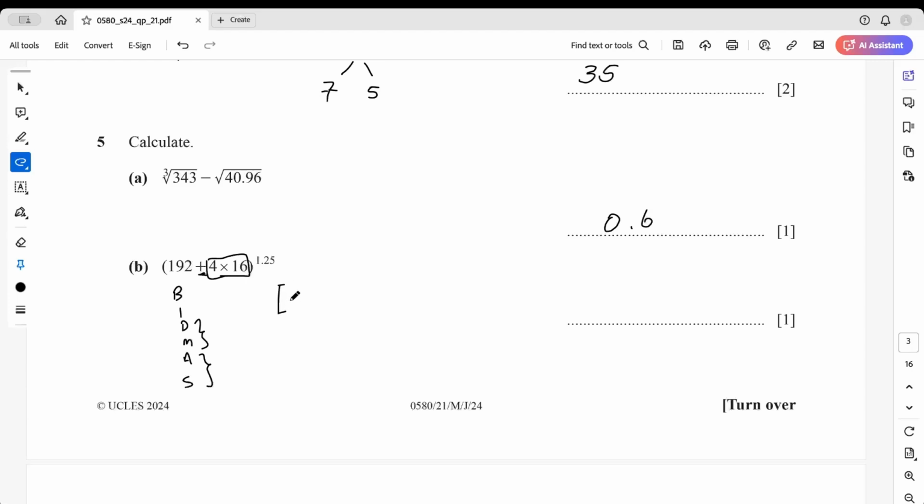In other words, you are doing this: 192 plus 4 times 16. If that helps you see clearer, you will get 256 to the power of 1.25, which gets you an answer of 1024.